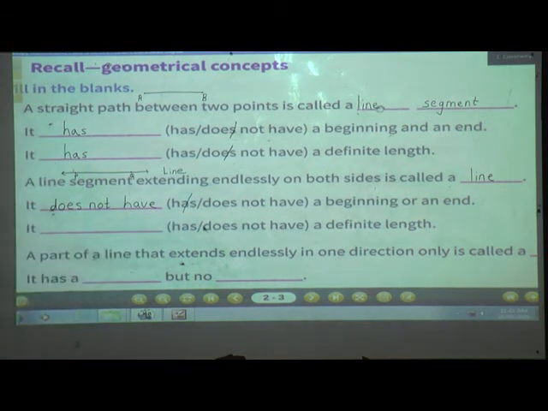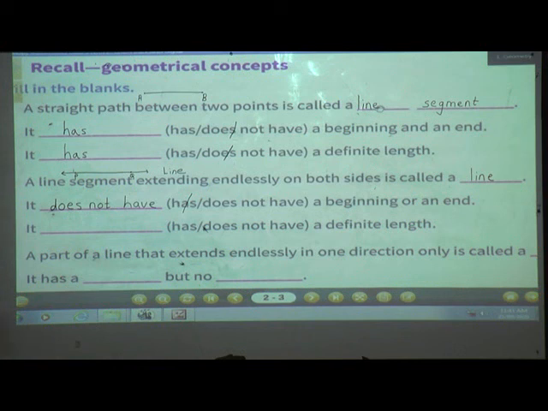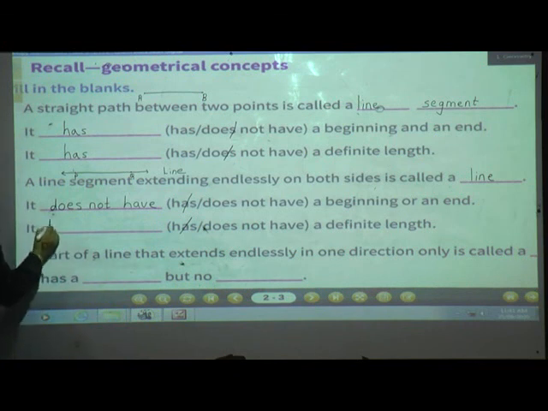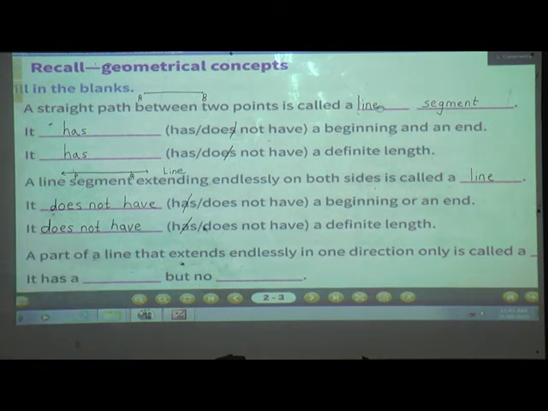Now next one, it dash has or does not have a definite length. So students, we can't measure it. So our answer is it does not have a definite length. Now students, see next one.